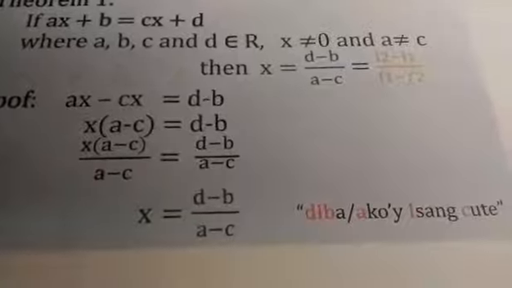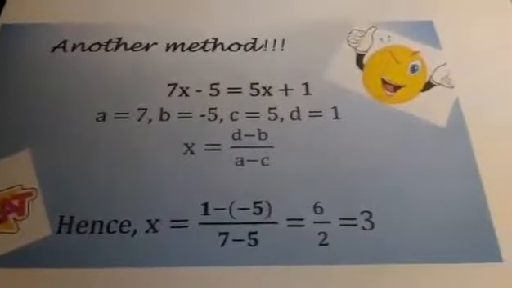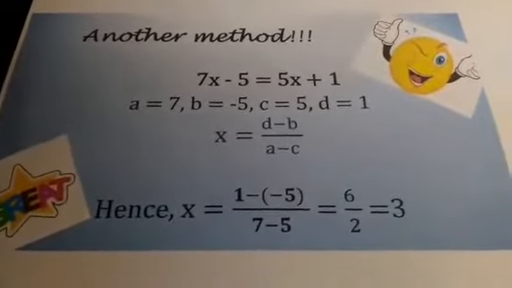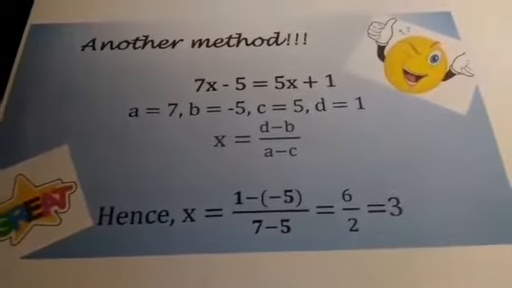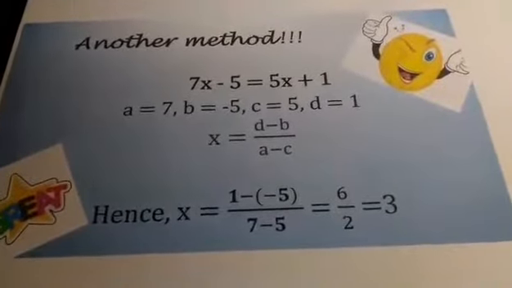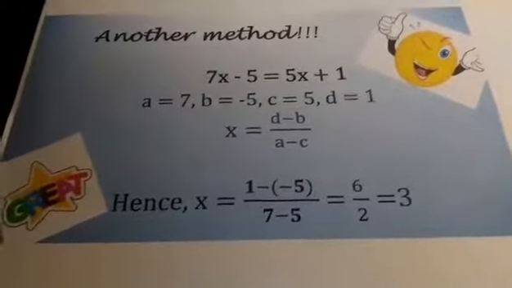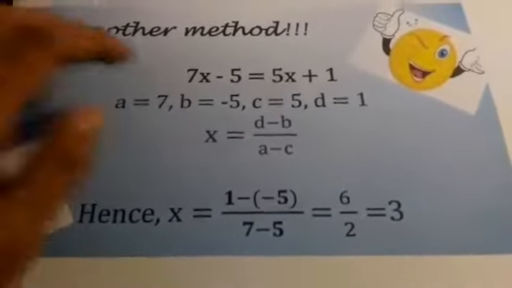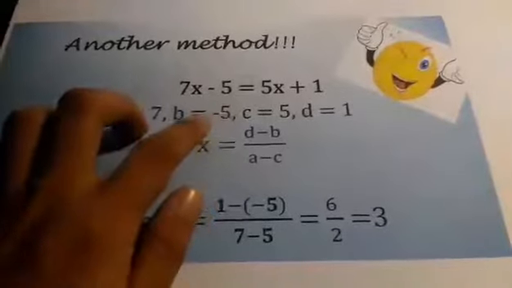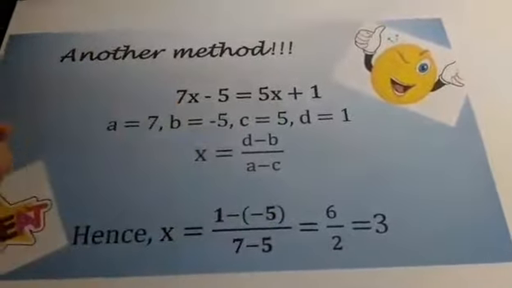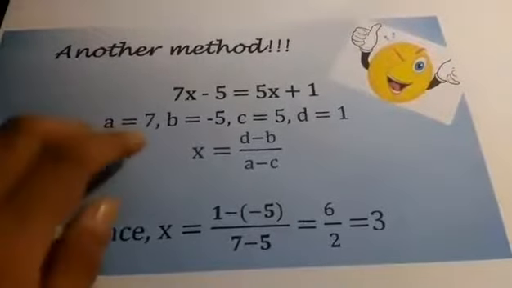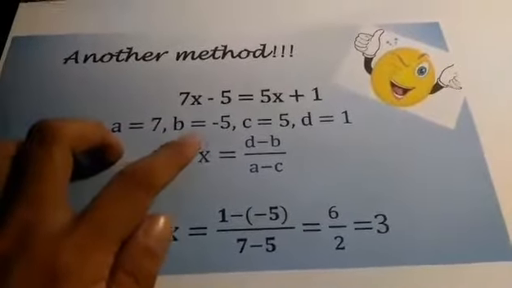So let's go back to the equation. Luckily we have the concept under Vedic mathematics, so we can solve the equation earlier faster and better. With the given equation, 7x minus 5 is equal to 5x plus 1, your a is 7, your b is negative 5, your c is 5, and your d is equal to 1.